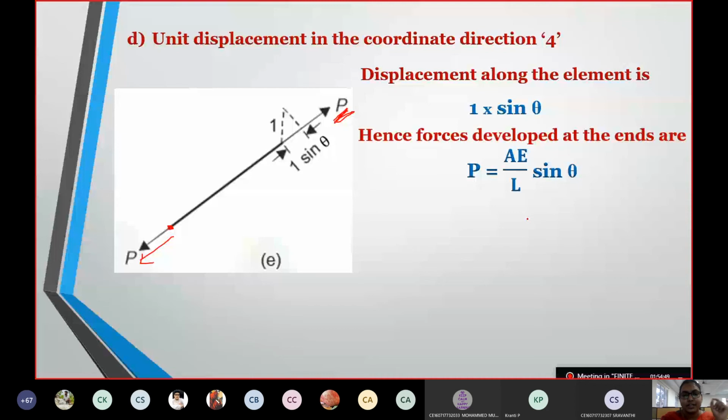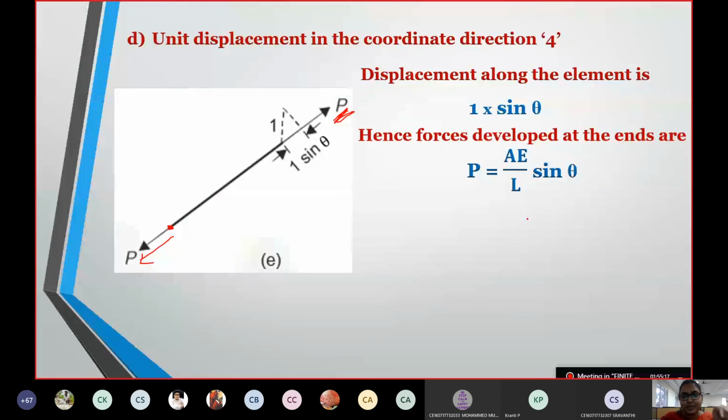The only thing is you have to be clear with the concept. The directions where we get negative, where we get positive is very, very important. You can make a note of it if you want. In the direction of the unit displacement, if the condition is favorable for which direction you want, then it is positive.